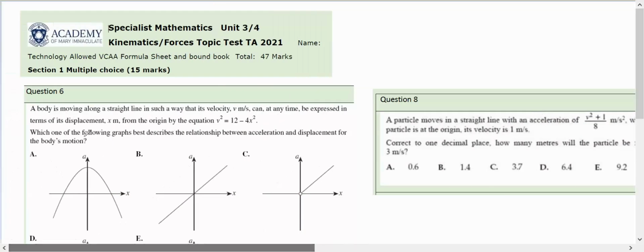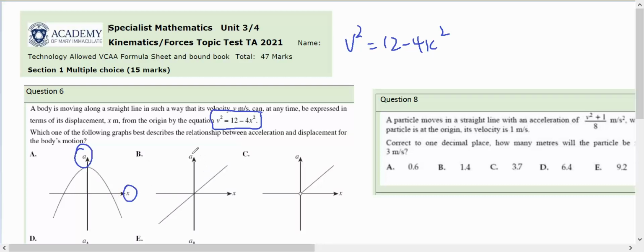So we'll go to the first question. A body is moving in a straight line in such a way that its velocity can be given by v squared equals 12 minus 4x squared. I have to pick the graph for acceleration against x.